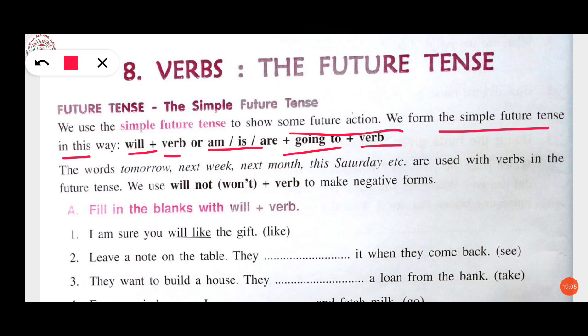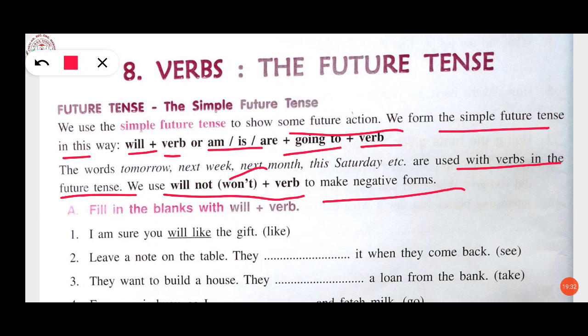So the words tomorrow, next week, next month, this Saturday, etc. are used with verbs in the future tense. And for negatives, we use will not, and the short form of will not is won't, that is WON'T, plus verb to make negative forms, as we know that in negative forms we use not.